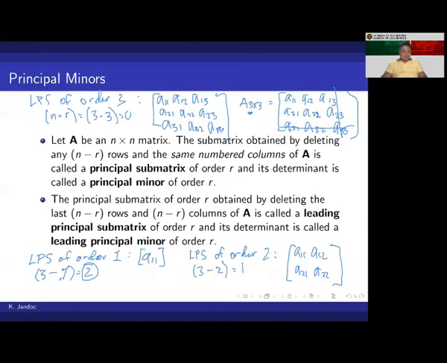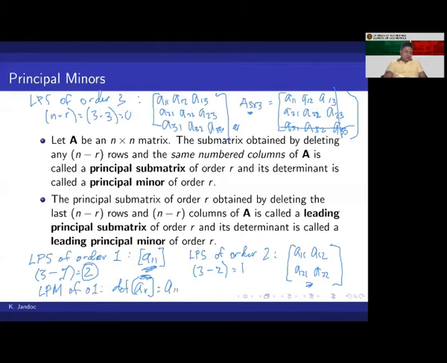And so the determinants of these matrices are the leading principal minors. The leading principal minor of order 1 is the determinant of this matrix, which is simply A11. Okay, so that's a leading principal minor of order 1.